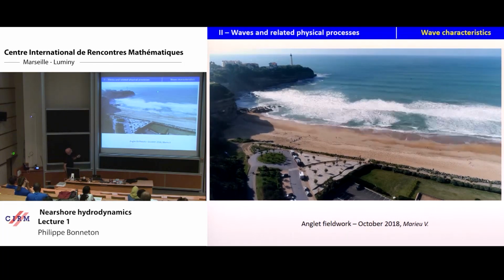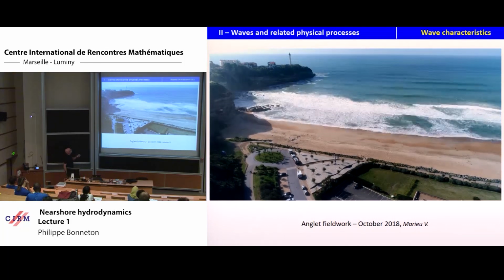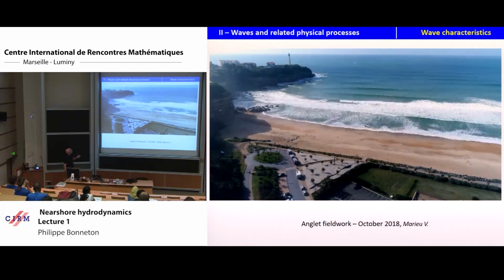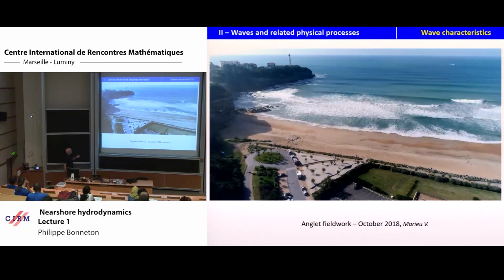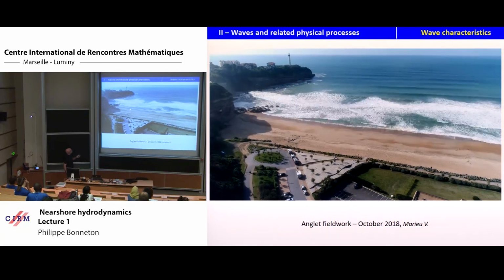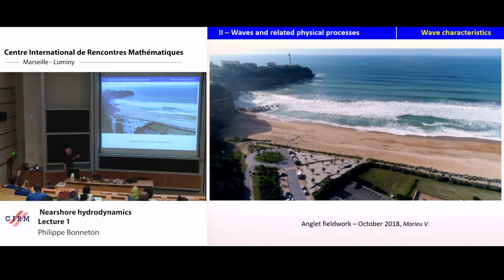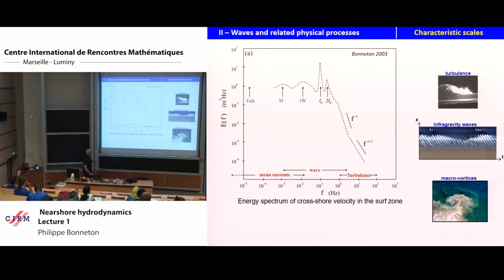So you see the amplification of the wave, the onset of breaking, and you can see here a bore propagating close to the beach, and this zone of oscillation is named the swash zone. So it's a very complicated phenomenon.